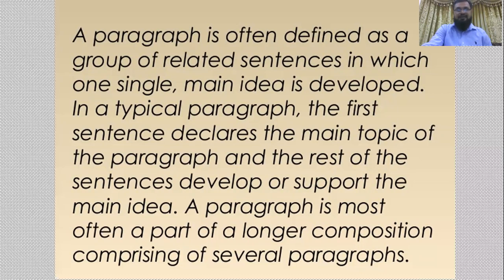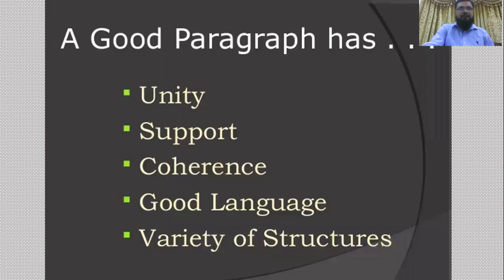Like this definition is written in one paragraph. So if we start from a new line after giving a gap or giving a new tab, the distance from the left to start a new paragraph, it is called a new paragraph.